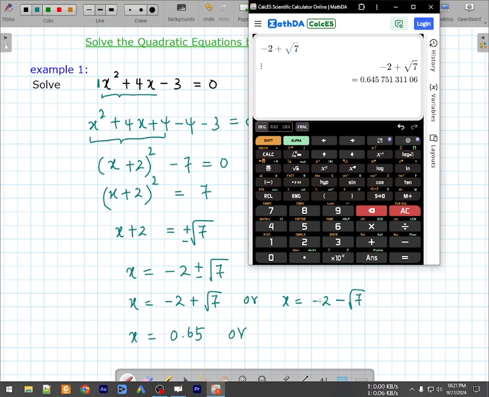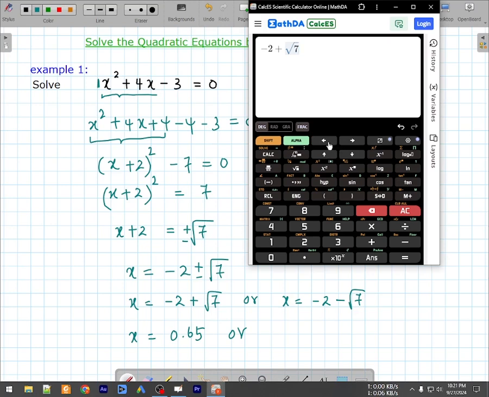Then minus 2 minus root 7, so using the arrow keys we go to the sign, remove that and put minus. Then we get minus 4.645, again 2 dp, that is minus 4.64. After 4 it is 5, so we add 1 to 4, so minus 4.65.